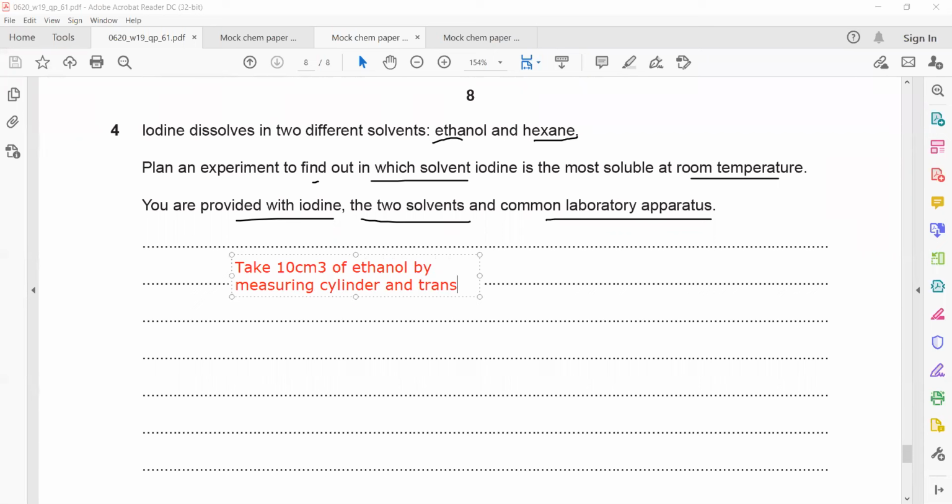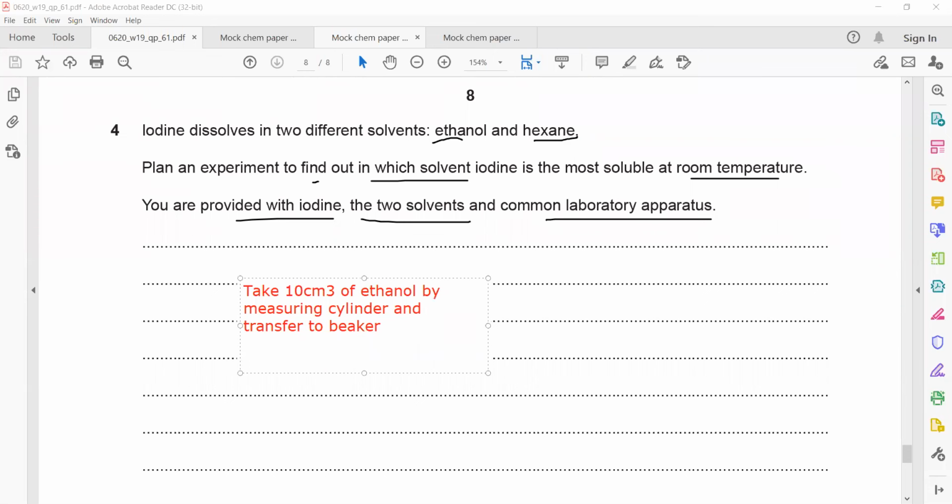Then we will add a known mass of iodine using a spatula.